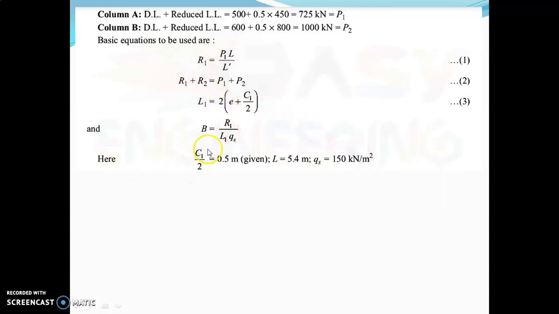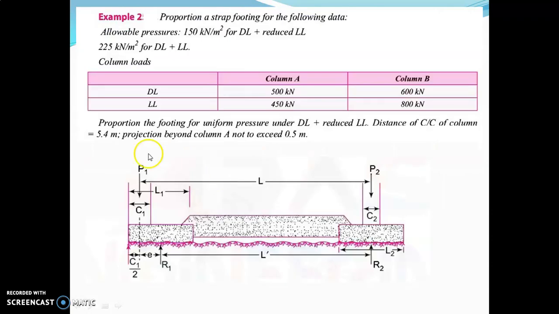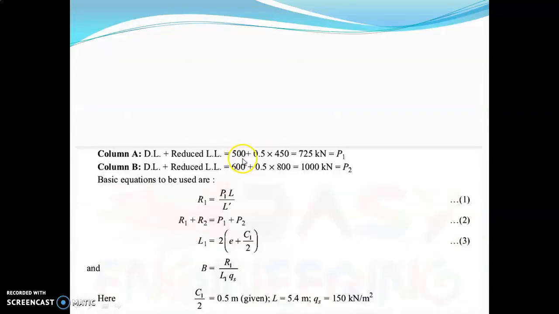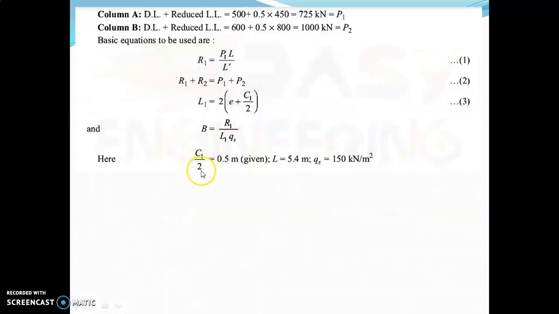Here C1 by 2 is required to find L1. C1 by 2 is given as 0.5 meter, because the projection beyond column A is not to exceed 0.5. So you have to consider C1 by 2 equal to 0.5 meter.